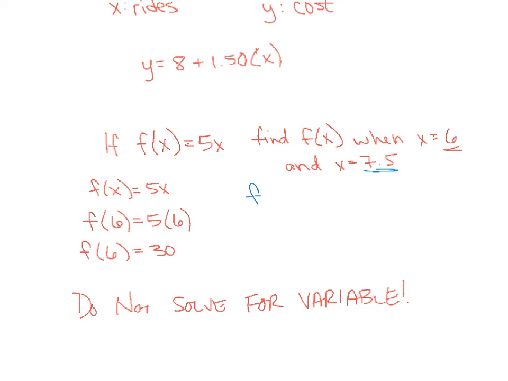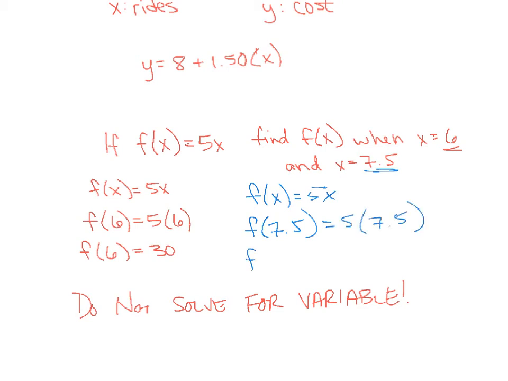So we have f of x equals 7.5. Alright? f of x equals 5x. And then we're going to put f of 7.5 equals 5 times 7.5.